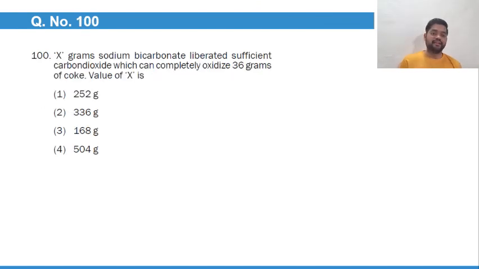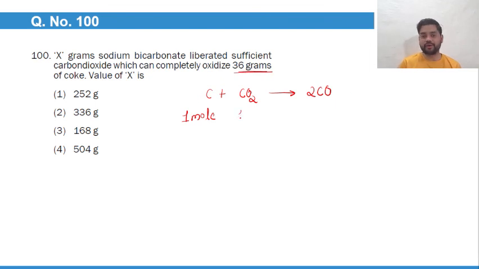Okay. 100. X gram of sodium bicarbonate liberated sufficient carbon dioxide which completely oxidizes 36 gram of coke. So coke plus carbon dioxide give you carbon monoxide, 2 moles if I balance it. So can I say that to oxidize 1 mole of coke to carbon monoxide completely, 1 mole of carbon dioxide is needed.